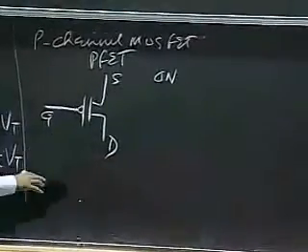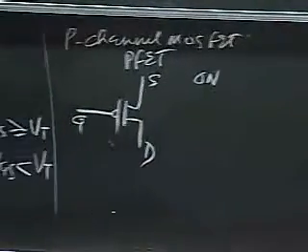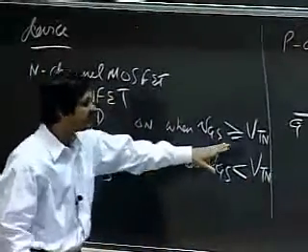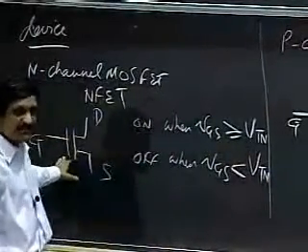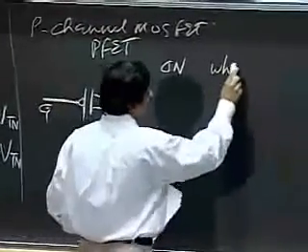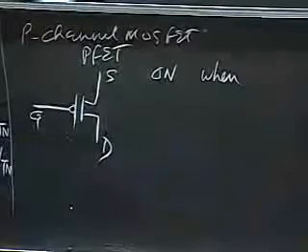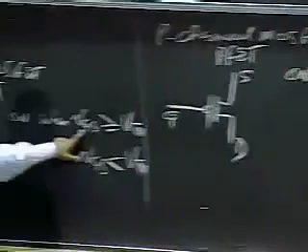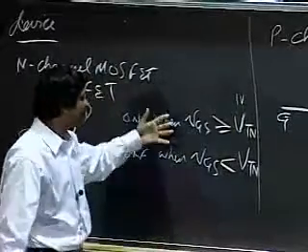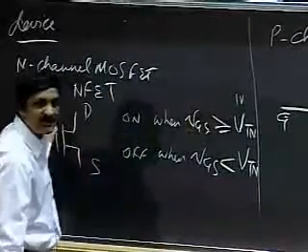And to distinguish the threshold voltage of this from the NFET device, let me put an N here to say that this is the VT for the N-channel device. And for this guy, this guy came on when VGS was greater than some voltage. So VTN could be, for example, 1 volt. So when VGS was more than 1, this turned on.